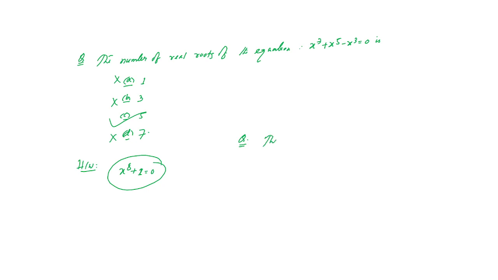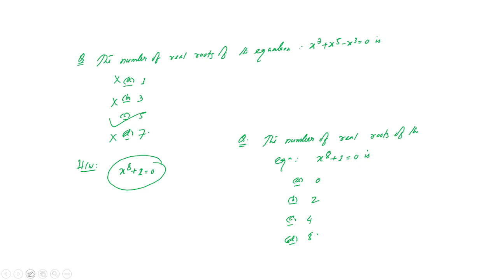You can ask the question: the number of real roots of the equation x^8 + 1 = 0 is, option A 0, that means no real root, option B 2, option C 4, and option D 8.